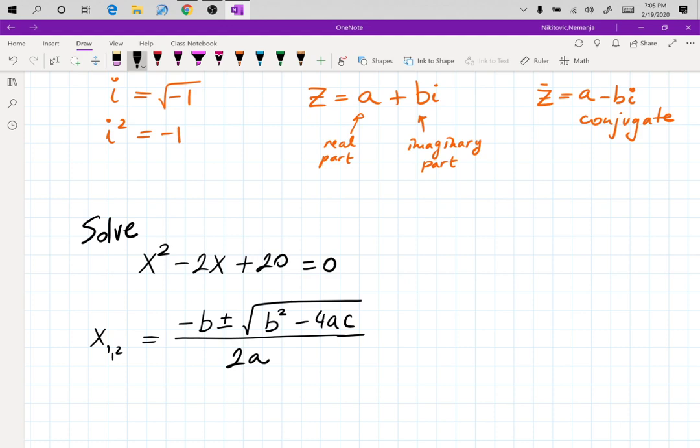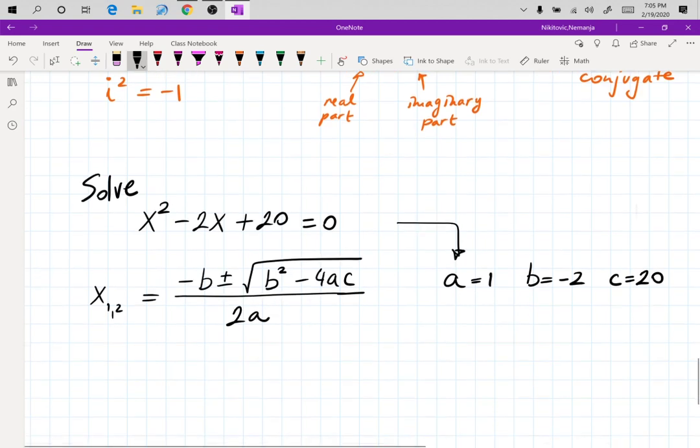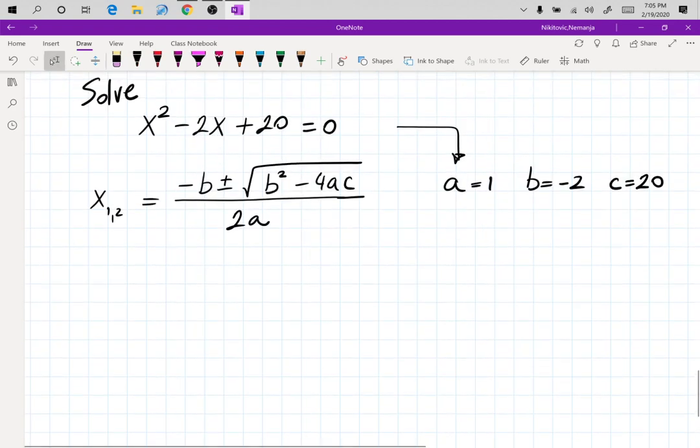So now, from this equation, we see that a is the coefficient of x squared, 1. b is equal to negative 2. c equals 20. And now you plug in these values.